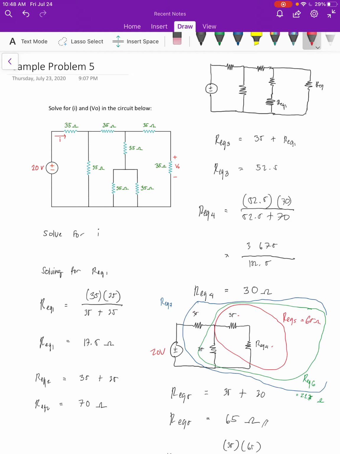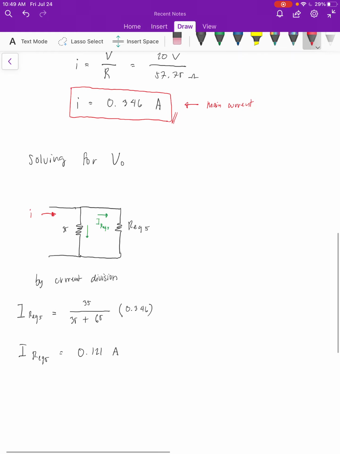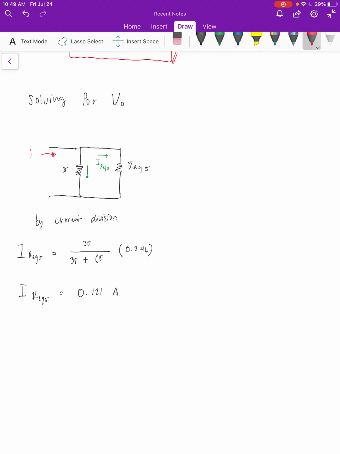We know from the previous solution that Req4 is equal to the parallel sum of Req2 and Req3. So we're going back here, trying my best to redraw the diagram.